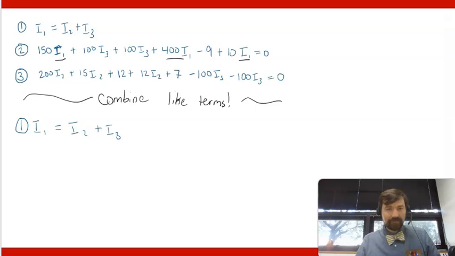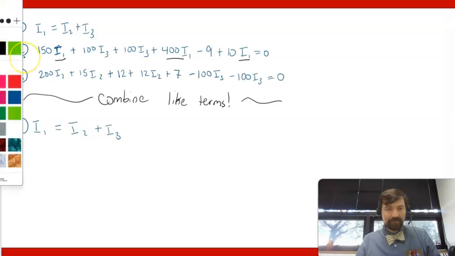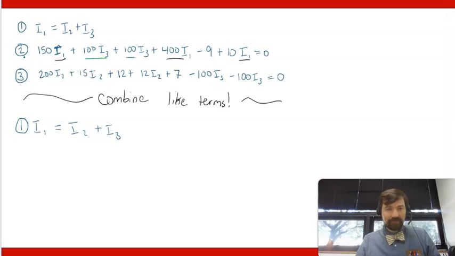And similarly, I have a couple of I3 terms here and here, which I'll double underline. So I basically got 150 plus 400 plus 10. So that should be 560 I1, and then 100 and 100, so 200 I3 minus 9 is 0.